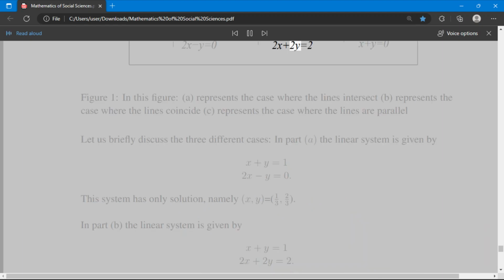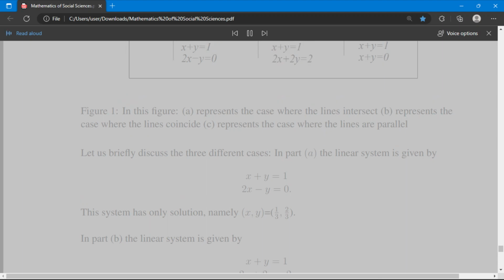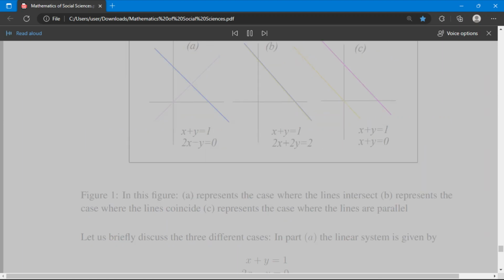141. x plus y equals 1, 2x plus 2y equals 2, x plus y equals 1, x plus y equals 0, x plus y equals 1, 2x minus y equals 0. A, C, B. Figure 1.